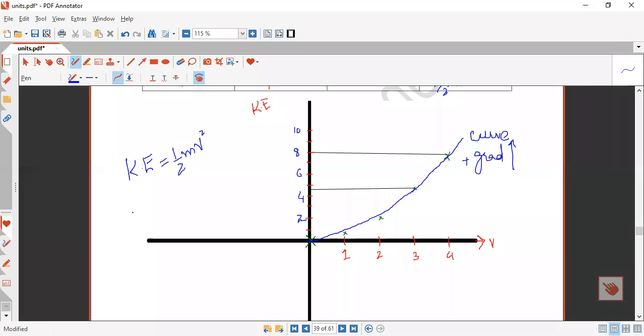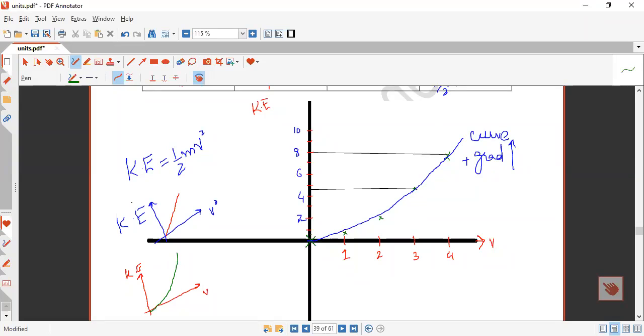When we plotted the graph between kinetic energy and v square, we got the direct proportionality, the graph a straight line passing through origin. But when we plotted the graph between kinetic energy and velocity, we are not getting the same graph, rather we are getting a curve of positive increasing gradient.